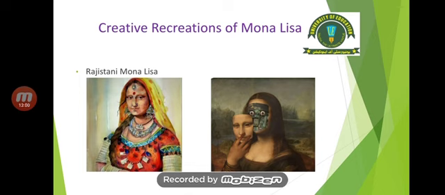Here in the picture you can see how in today's day artists are playing with pre-existing images and creatively recreating the same images with new dimensions. On the left side you can see the artist has given a Rajasthani concept to the portrait of Mona Lisa by changing its overall look with the help of clothes and jewelry.